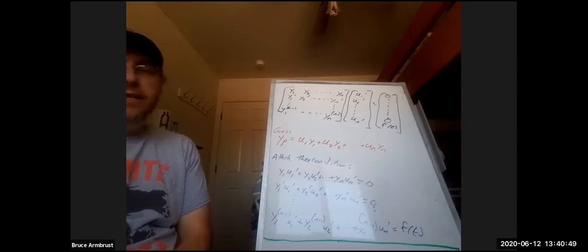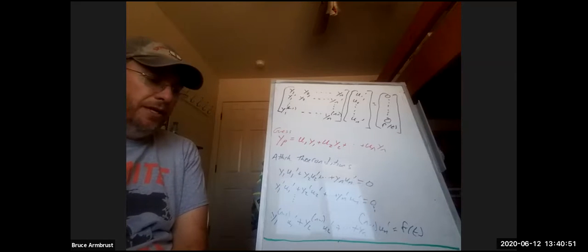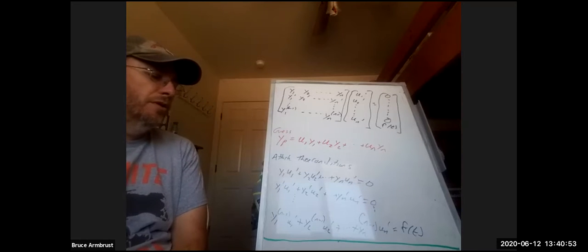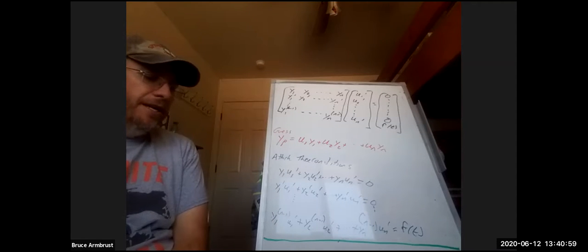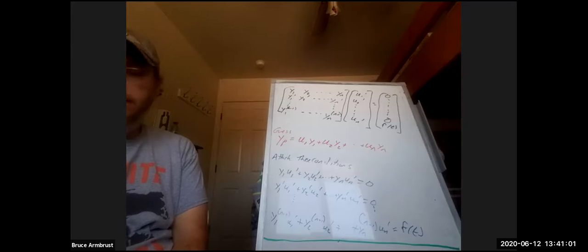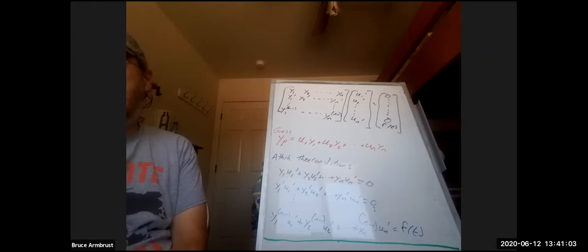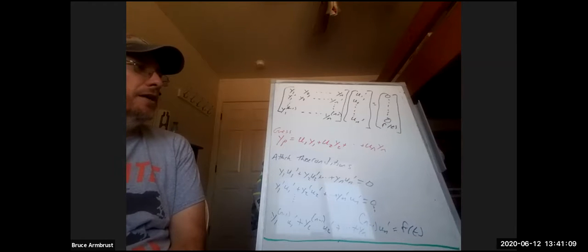So hopefully you're seeing that we're just expanding what we did in the second order case. Then we ended up having a 2 by 2 matrix. Now we're going to have an n by n. So this will get uglier, obviously, as we get higher order.